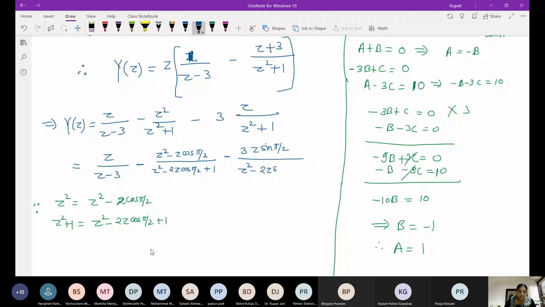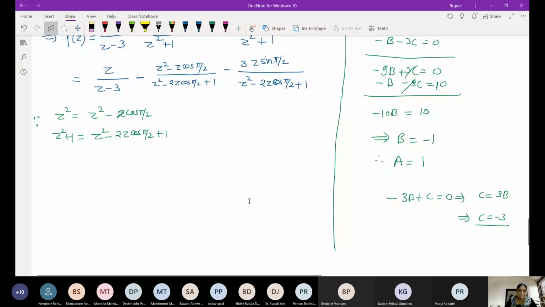Can I write like this? Also z is equal to z times sine pi by 2. Sine pi by 2 is 1, and z square plus 1 again we have written the same way.